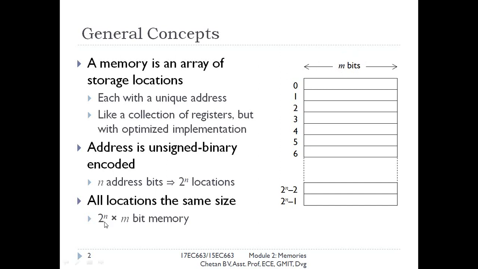Here you can see 2 power n into m. This is the total capacity of a memory. If there are 2 power n locations, then you require n address bits or n address lines. Each location is like a register, but the architecture of each location will be an optimized implementation.